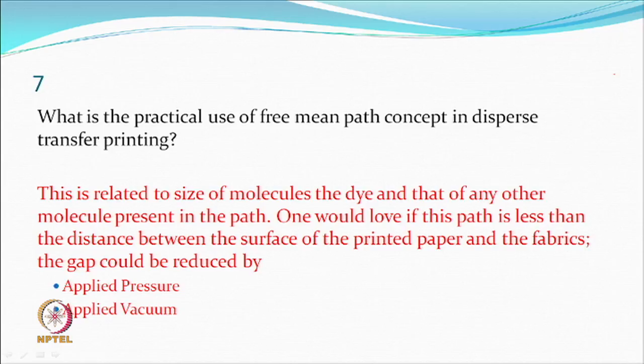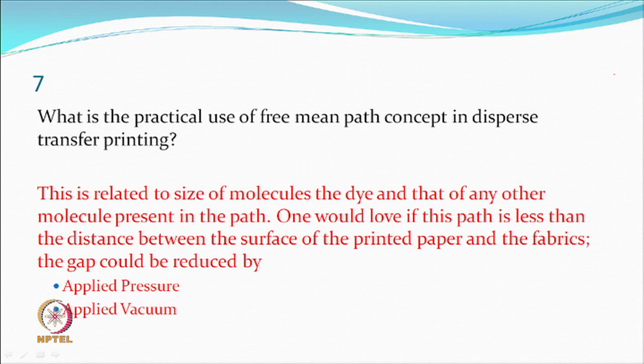In this case, because it is going to be finally in the vapor form, it is behaving like a gas, and so how much possible path is there before it contacts another molecule. So, it is related to the size of the dye molecule and that of any other molecule present in the path.